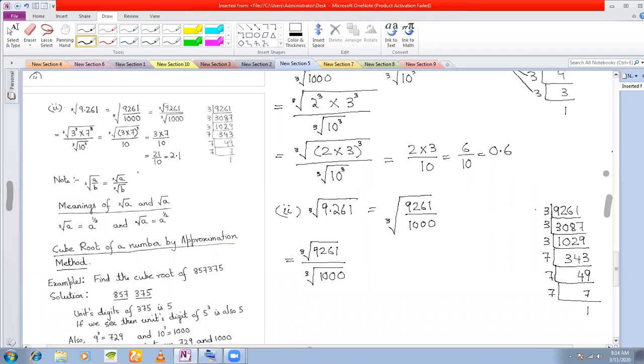So you're getting this triplet and you're getting this triplet. So now that means the cube root of 9261 can be written as 3 into 3 into 3 into 7 into 7 into 7, divided by the cube root of 1000, which is 10 cube.